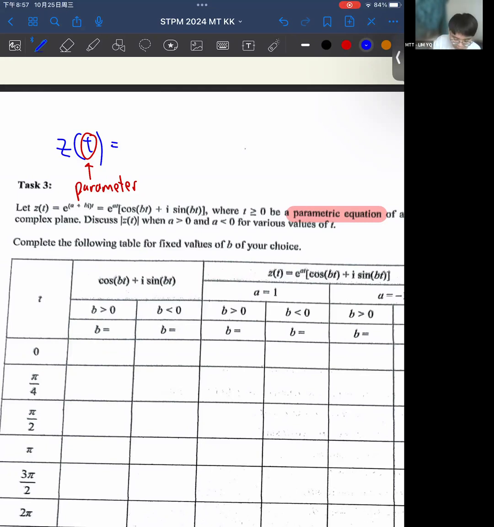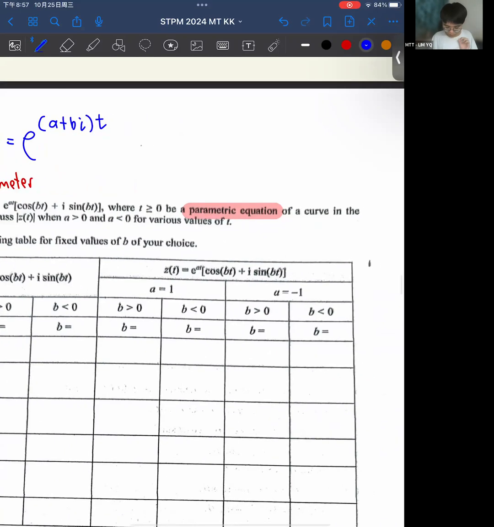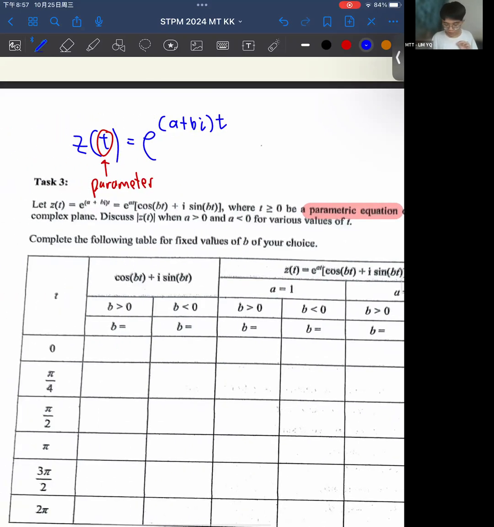We still proceed. So they want us to let z equal to this value, a plus b multiplied by t. Usually t denotes the parameter. t can stand for time and any other thing. Where t is greater than or equal to 0, this is a parametric equation of a curve in the complex plane.